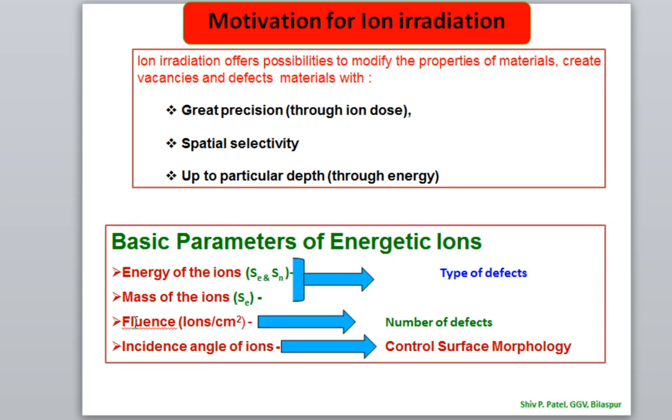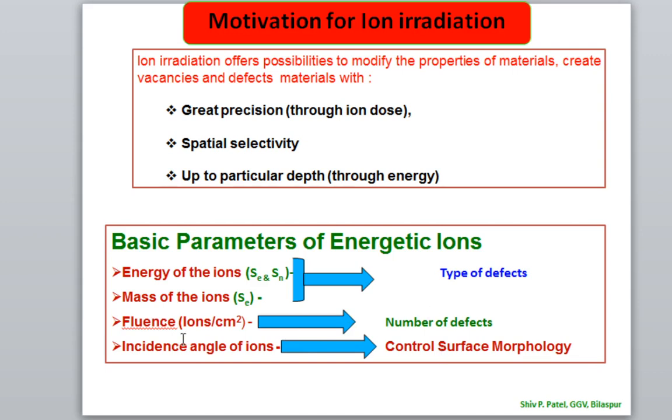Fluence is another parameter, meaning how many ions are falling onto the surface per centimeter square, and that will decide how many defects you have created in the material. So the energy of the ion and the mass of the ion will decide the type of defects, like point defects, columnar defects, Schottky defects, but the fluence will decide how many defects you have created within the material.